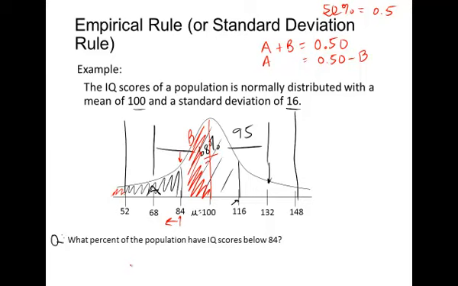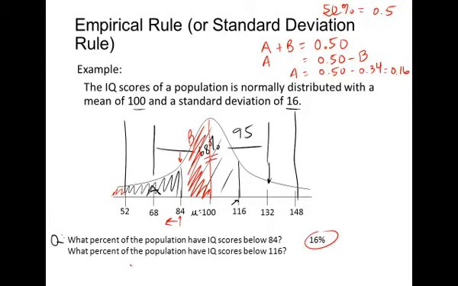Well, if 68% is both of these sections, then B is going to be half of that. So that's 34%. So A is going to be 16% of the overall data. So there's the 16% here.